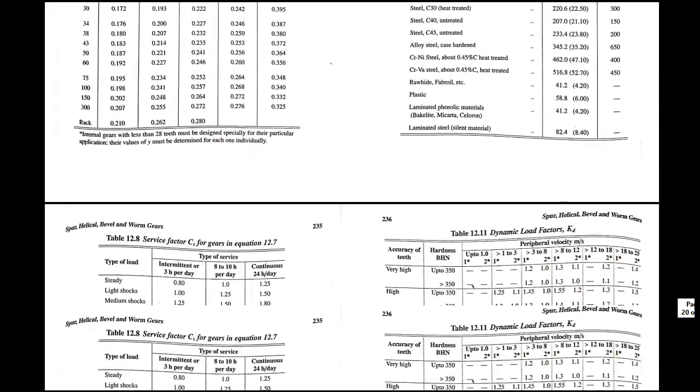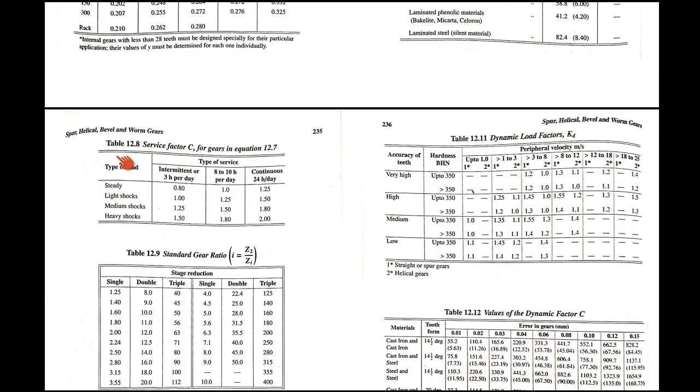From that you can select one to use in equation 12.7. You can have different load conditions, different operating conditions. So based upon this, you can assume the value for CS and substitute it back over there to get the value of Ft.